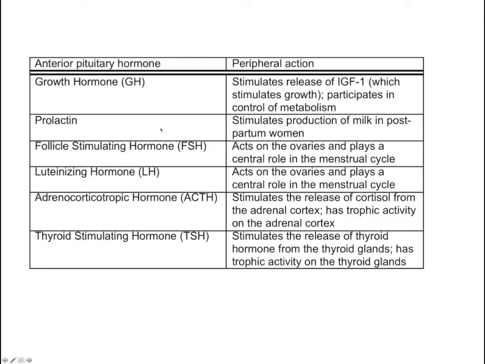And then prolactin, follicle-stimulating hormone and luteinizing hormone are involved in reproduction and feeding postpartum. And then adrenocorticotrophin hormone stimulates the release of cortisol from the adrenal cortex, and thyroid-stimulating hormone will stimulate the release of thyroid hormone from the thyroid glands. And both of these have important metabolic functions.